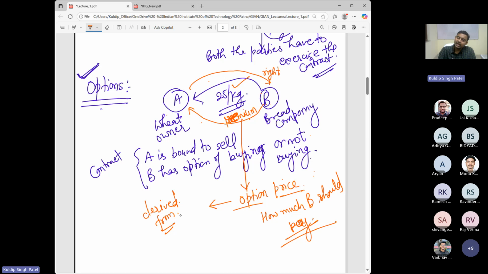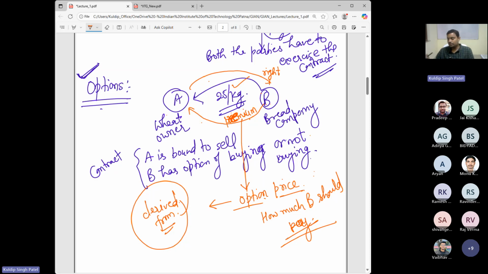Derivatives means it is derived from. So its value is derived from something else. Its own value is nothing. Option value means what? Nothing. Its value is derived from something. Suppose you are buying the warranty of an iPhone, its value will be different. If you're buying the warranty of a normal phone, a 10,000 rupees phone, its value will be different.